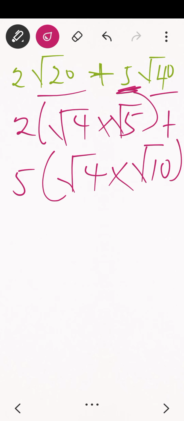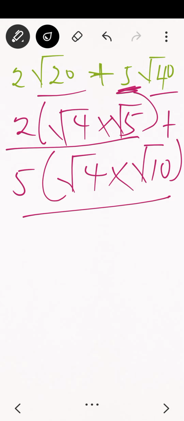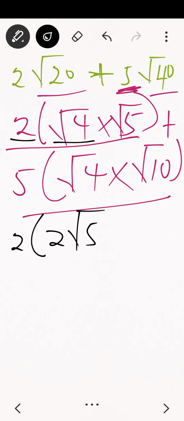So we simplify the first part, then also the second part, then we bring them together. So the first part, remember 2 is outside. Inside here, root 4 will give us 2, and root 5 is still root 5.